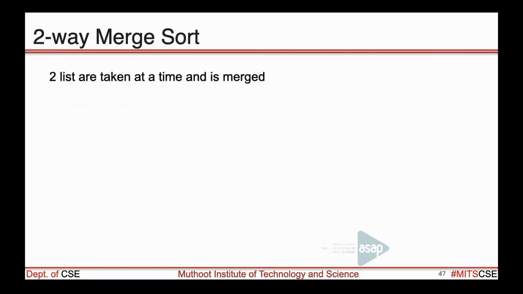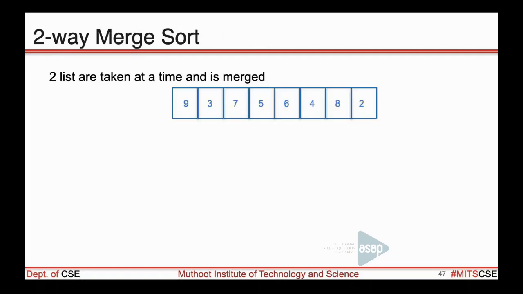In 2-way merge sort, as we said, 2 lists are taken at a time and merged. So consider we have 9, 3, 7, 5, 6, 4, 8, 2 as a list. We take 2 lists, that is 9 and 3 are taken and merged, arranged. Again 7 and 5 are taken and sorted. 6 and 4 are sorted to 4 and 6, 8 and 2 sorted as 2 and 8.